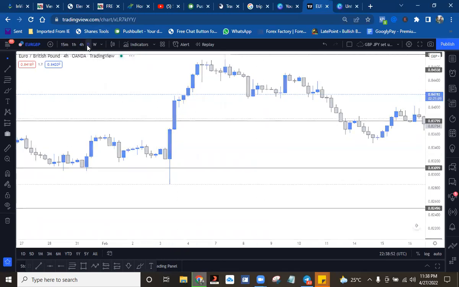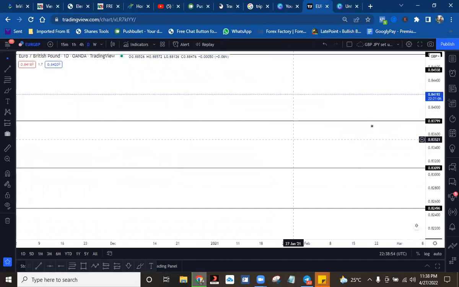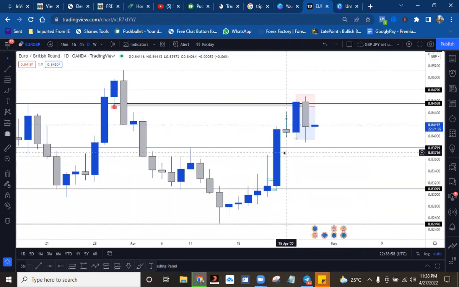Under the daily time frame, it means that each candlestick you find in the daily time frame was formed within 1 full day, 24 good hours. So for the entire day, like this was the 22nd of April. This candlestick was on the 22nd of April. This is Euro GBP. It means that on the 22nd of April, the Euro currency was really strong.